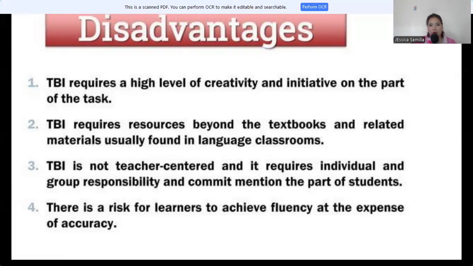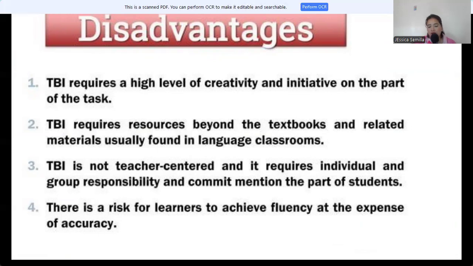So that's why the core here is that in task-based instruction, we can make a collaborative instruction while doing the task. Task-based instruction also requires resources beyond the textbook and related materials usually found in the language classroom.